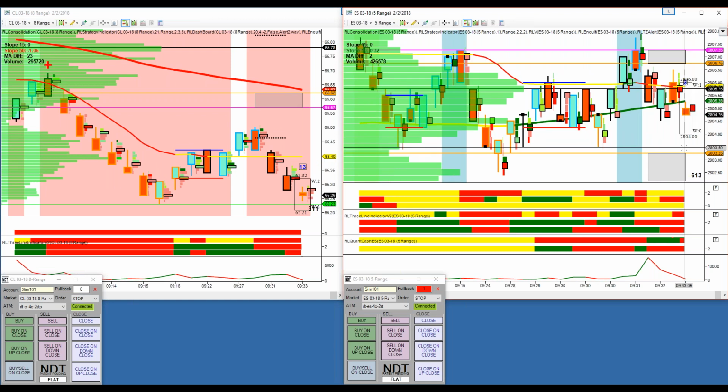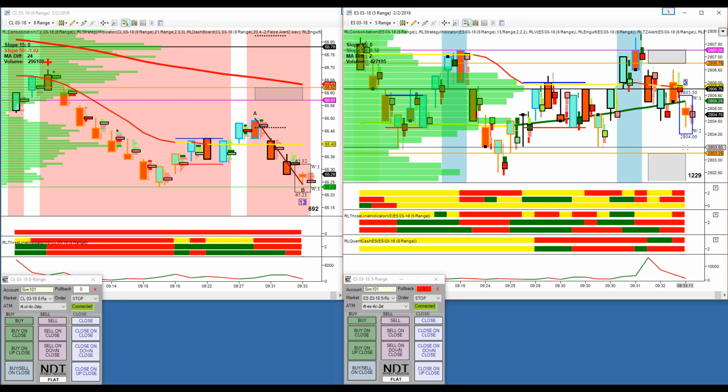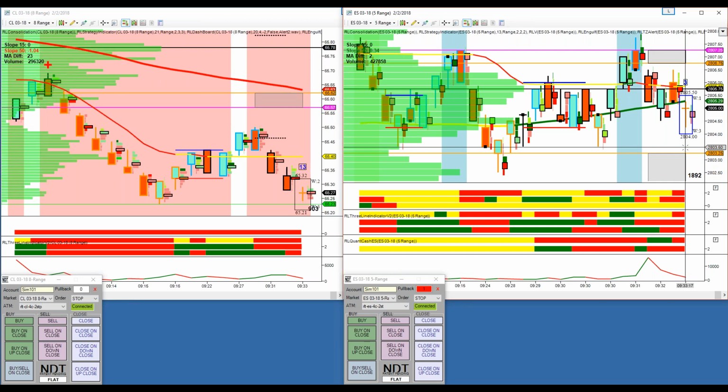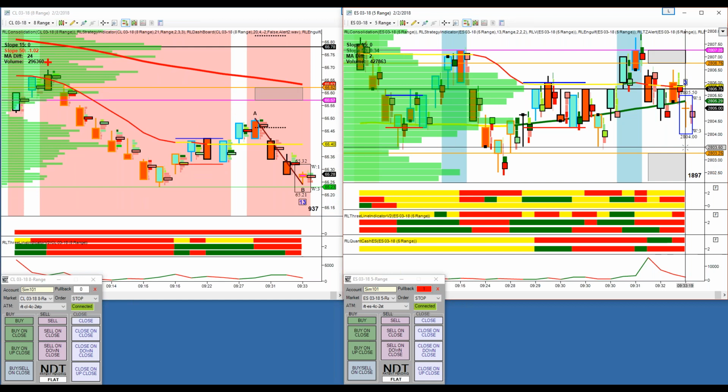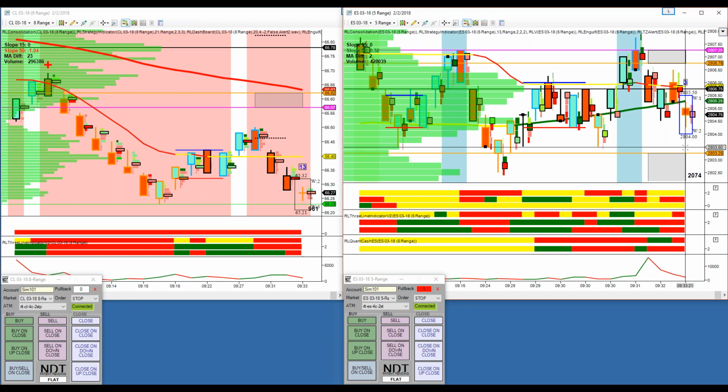We have no short setup. Crude just made an untradeable turn here.